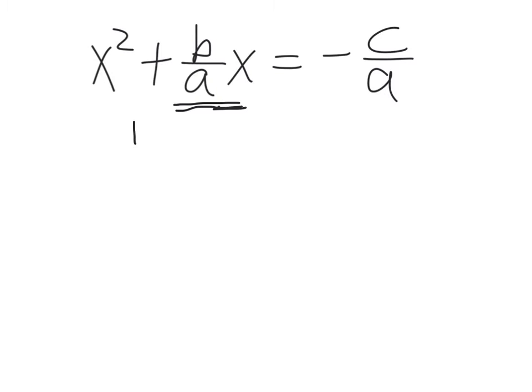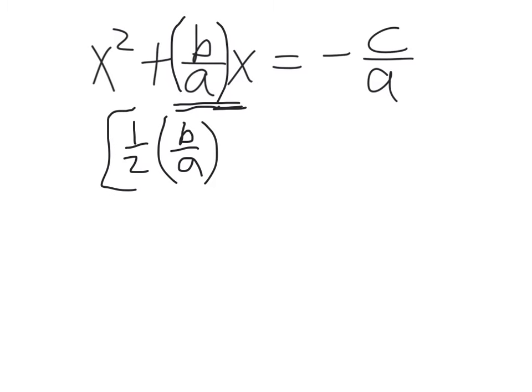We take 1/2 of this coefficient of x, what I usually call b, but now that coefficient of x is b over a, so 1/2 of that coefficient, and then what do we have to do to that? We have to square that quantity.